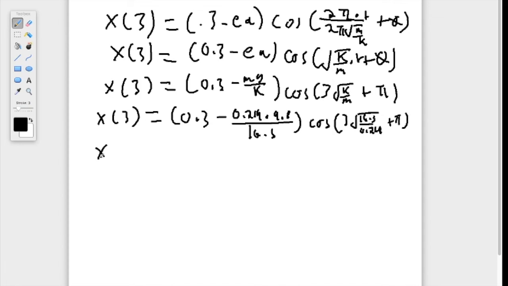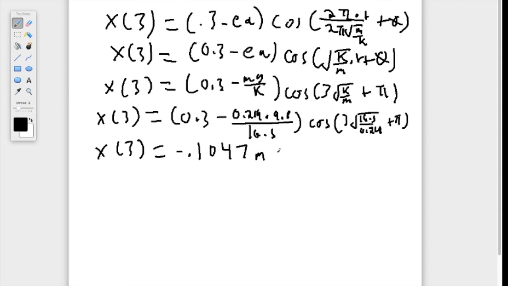So you should get an answer of about negative 0.1047 meters.